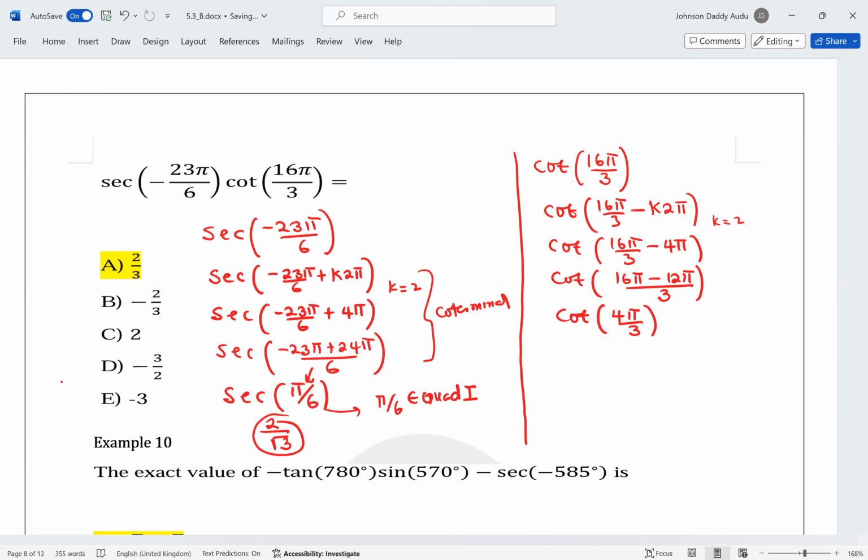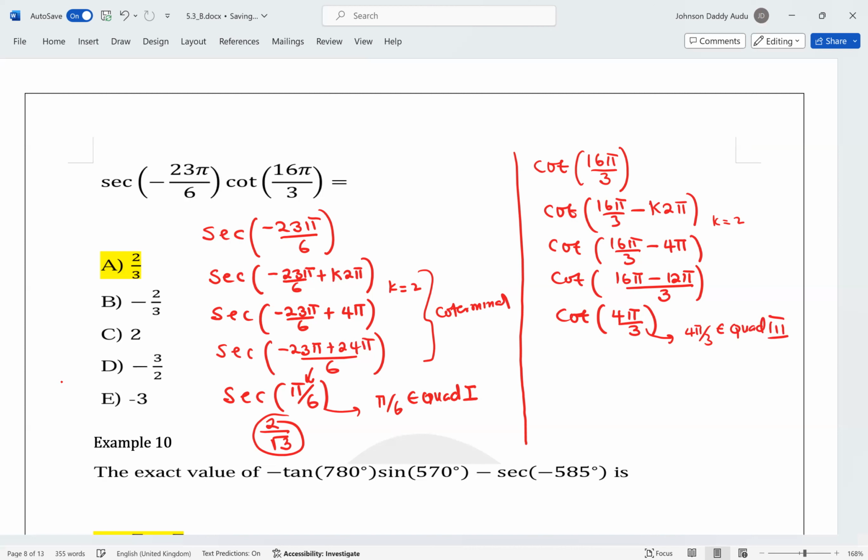Now, all of this is coterminal, but now look at 4 pi over 3. We need to ask ourselves, which quadrant is 4 pi over 3? So 4 pi over 3 is going to be in the third quadrant because 4 over 3 is greater than 1. So 4 pi over 3 is in quadrant 3.